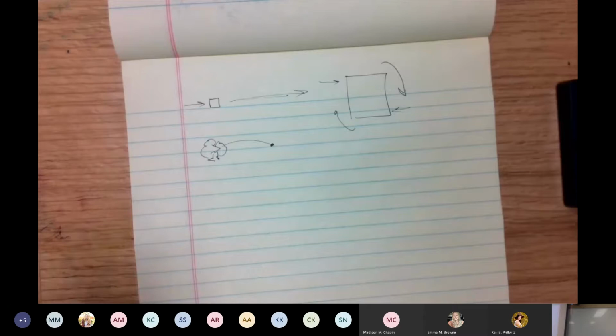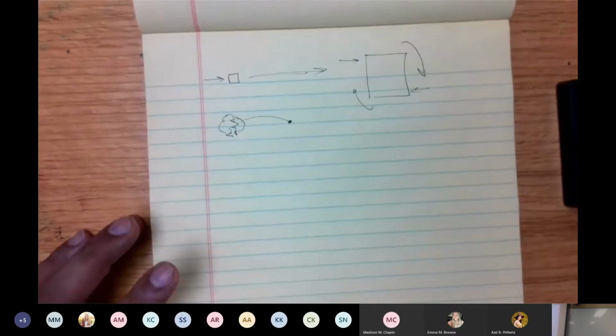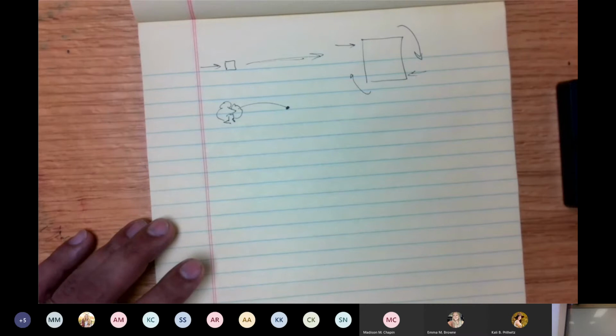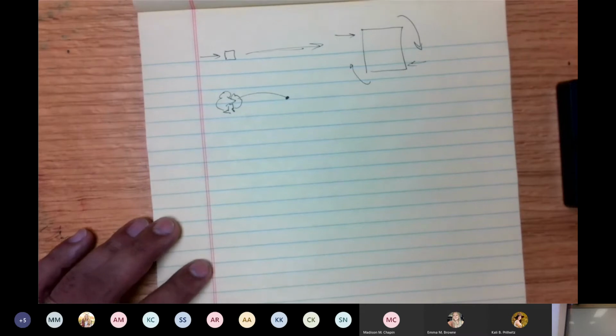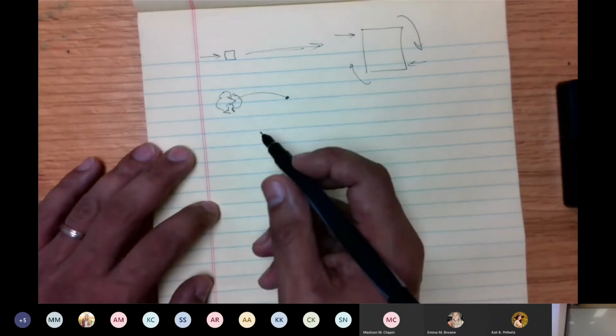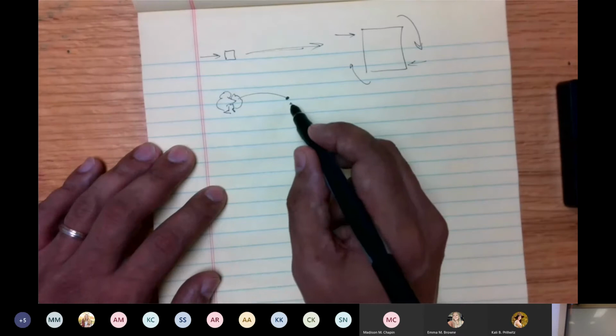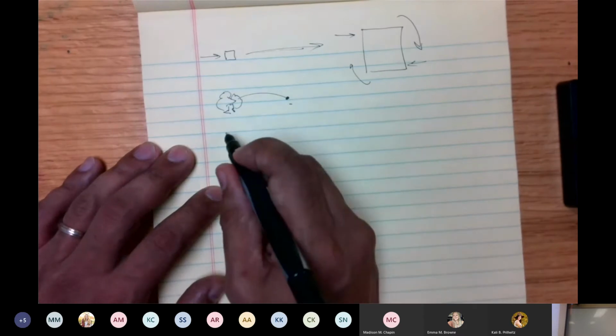So what we're going to do now is look at those rotational motions. Instead of working with points, with the point model, we're going to change and work with what is called an extended object model.